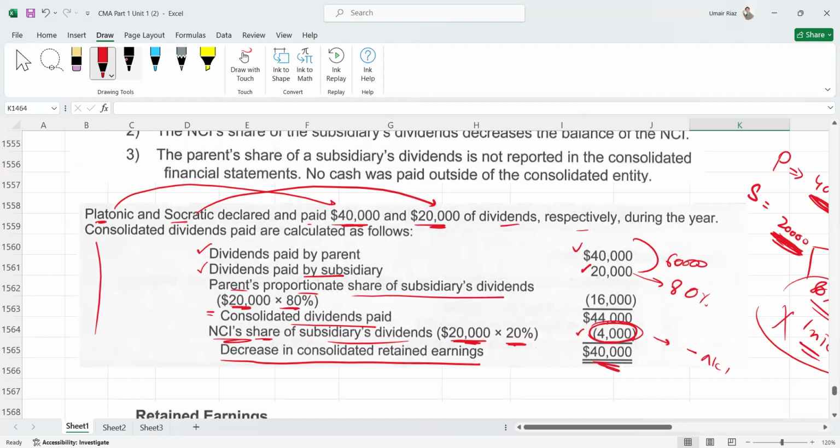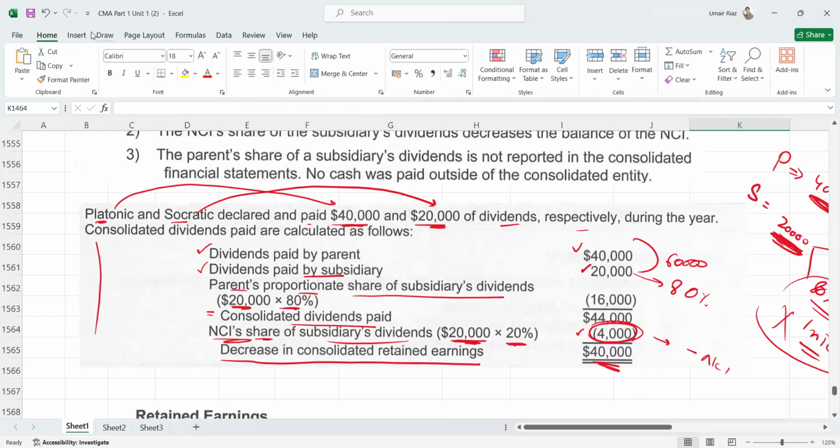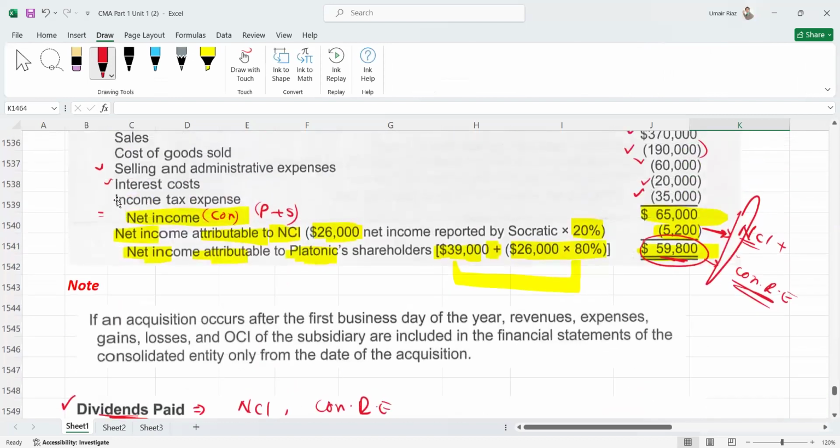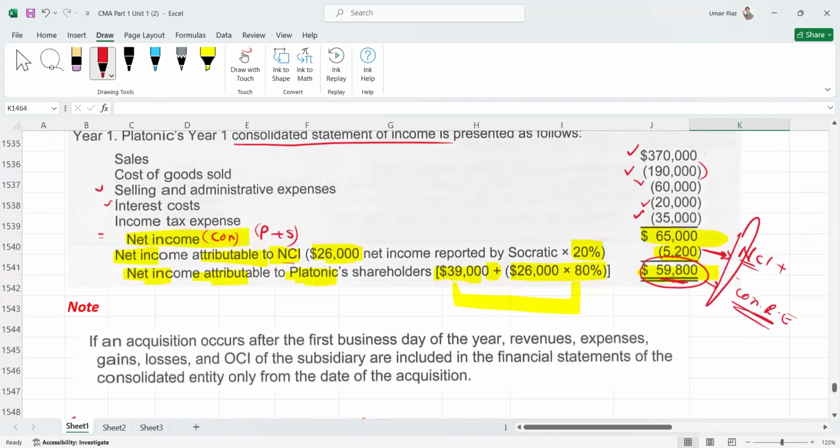I told you in the previous section that net income attributable to NCI will be added to NCI, and net income attributable to the parent shareholder will be added to consolidated retained earning. Now I'm telling you what will be deducted from NCI and what from retained earning.